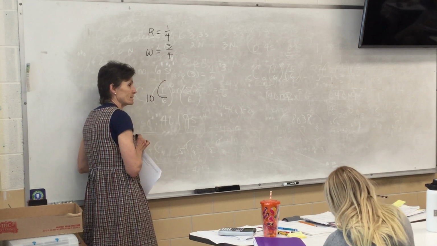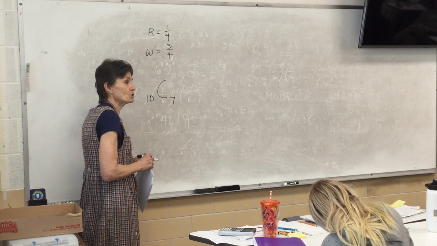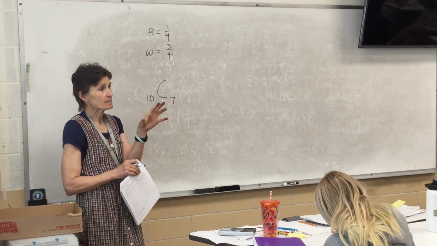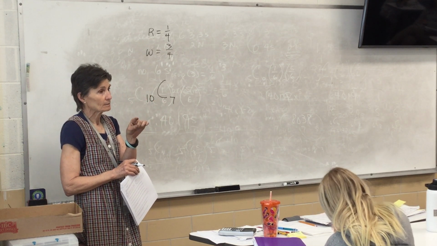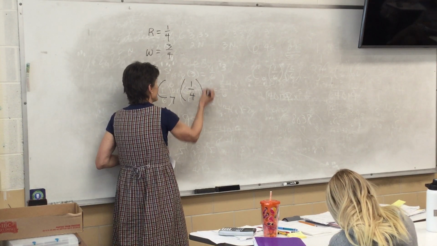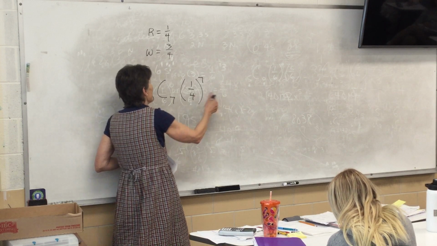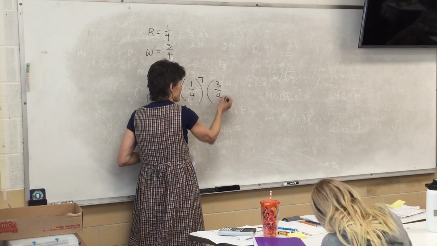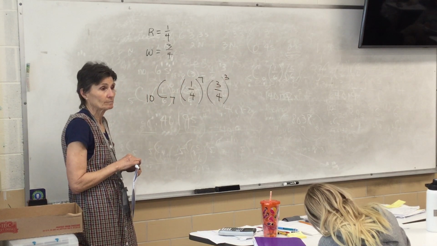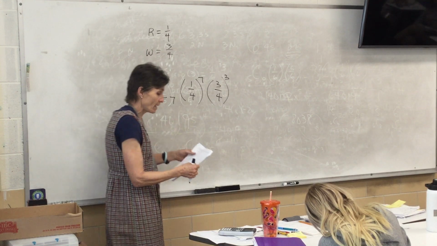How many of them do we want to be right? 7. So our coefficient is 10C7. 10 guesses, 7 of them correct. That means that my 1/4 is going to get a 7, because that's my right probability. And then what's going to happen to my 3/4? 3. If you get 7 right, you're going to get 3 wrong. That's the answer to question number A.